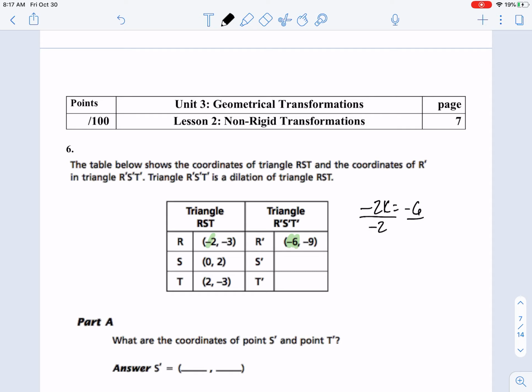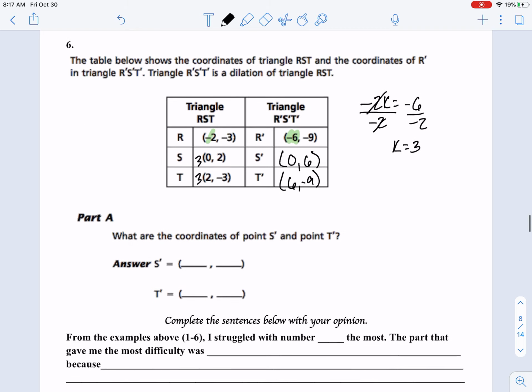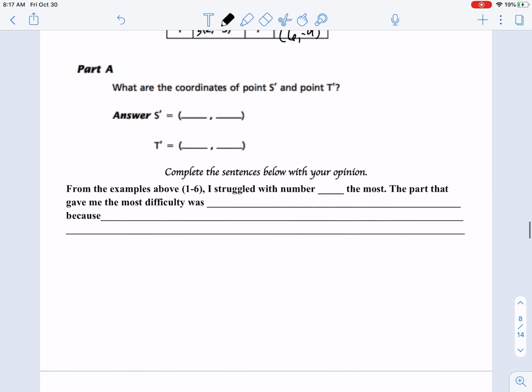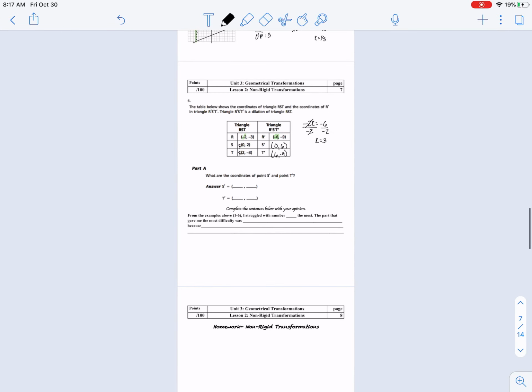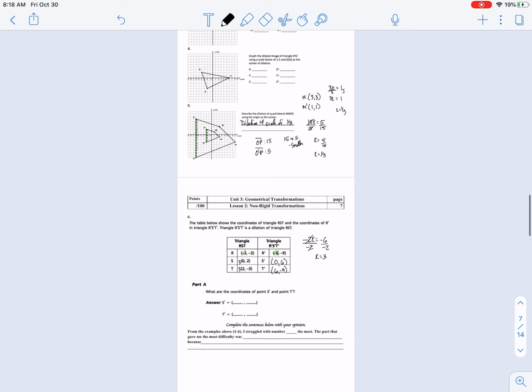Divide both sides by -2. K is equal to 3. So we would just come in here and multiply all of these by 3. And those are my points. And that's about it for dilation. So multiplying, dividing, solving one-step equations.